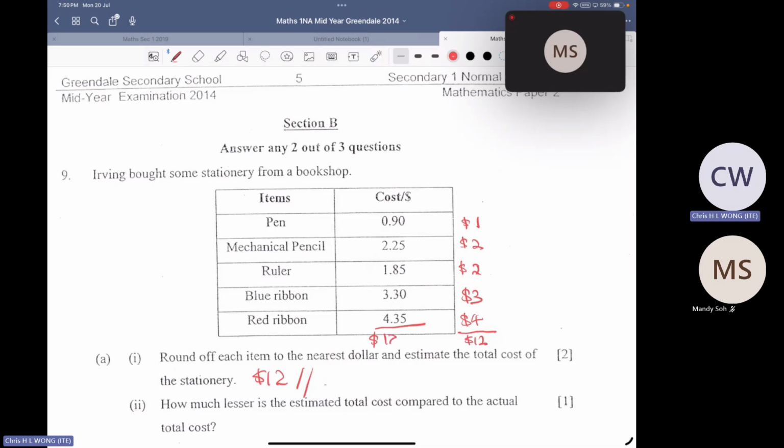Thank you. So how much less? You take $12, 65 cents minus $12. How much less? 65 cents. That's the answer.